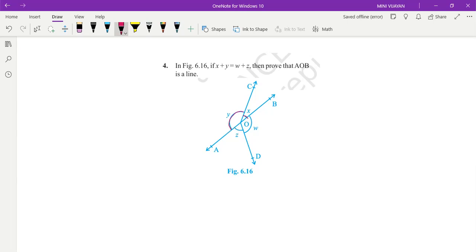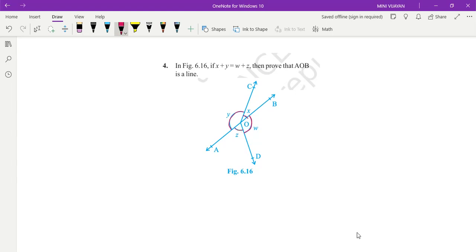When you add these both, it is equal to w plus z. Okay, these two are equal. It is given that when you add x plus y, that measure will be equal to the measure of w plus z.